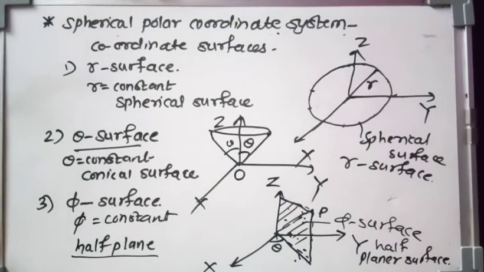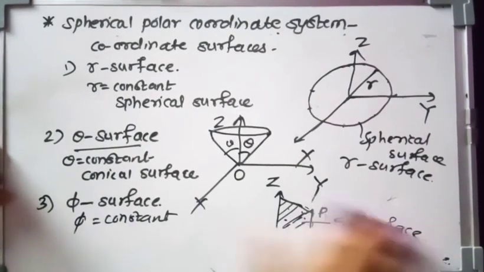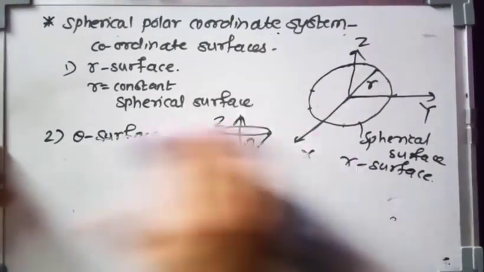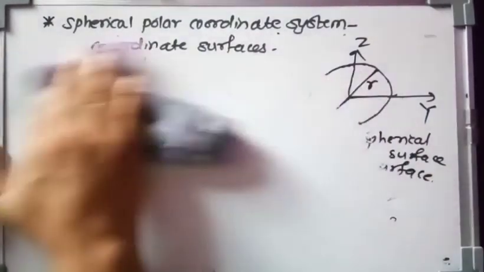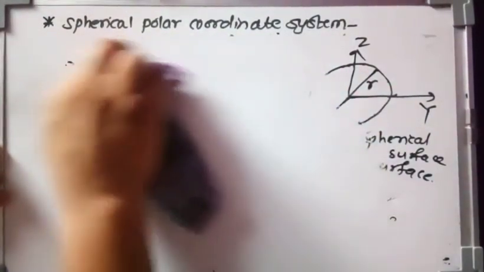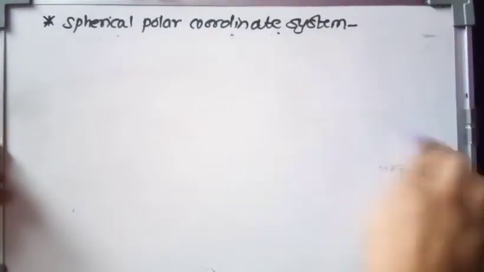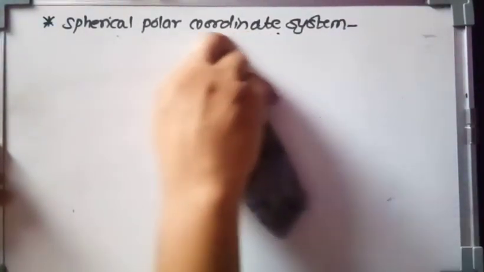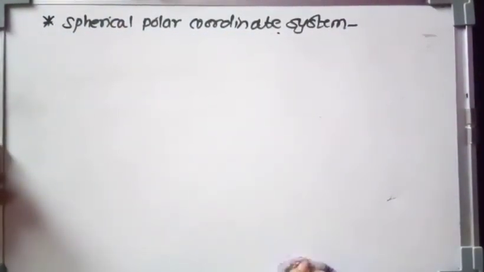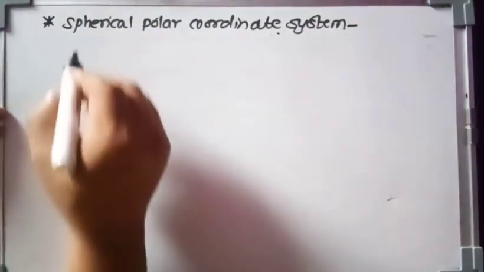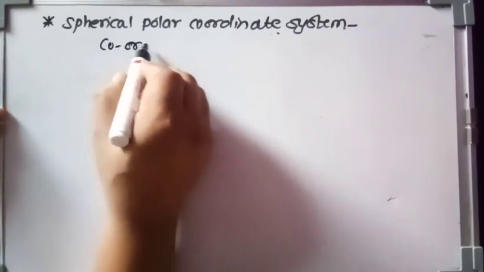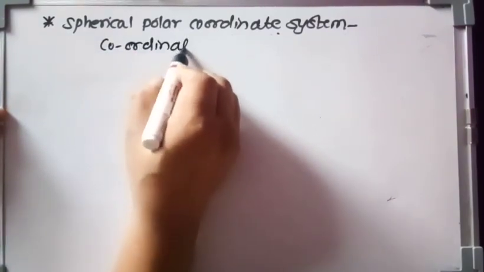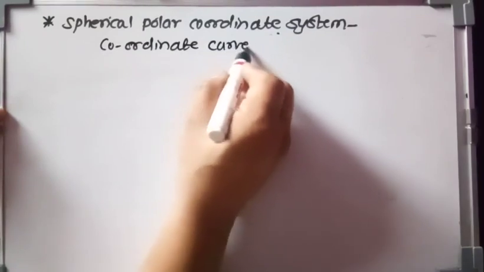We have seen these three coordinate surfaces. Let us see coordinate curves. Now let us turn towards coordinate curves.